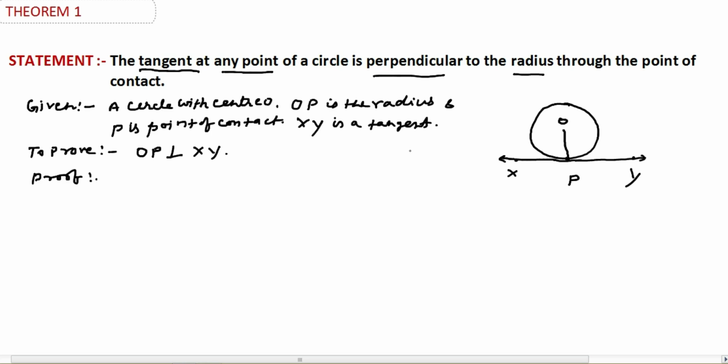Here P is the point which is common to the tangent as well as the circle. XY is a tangent, and Q is a point other than P on XY, an arbitrary point.